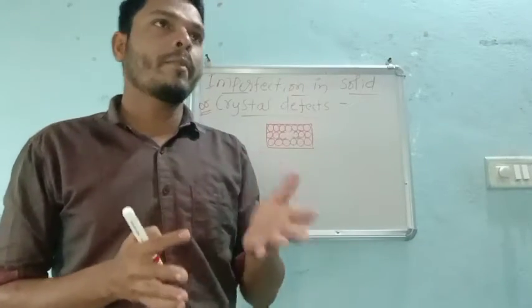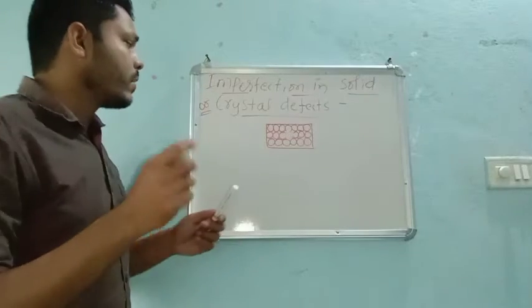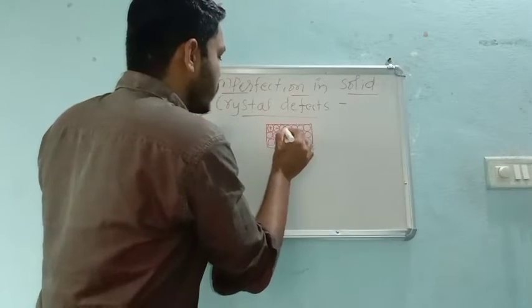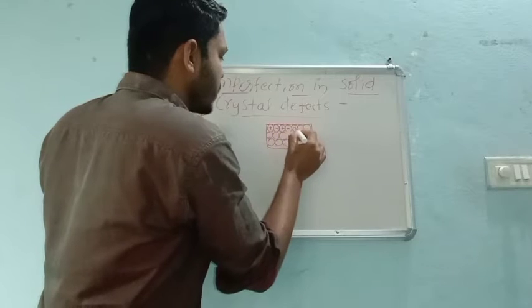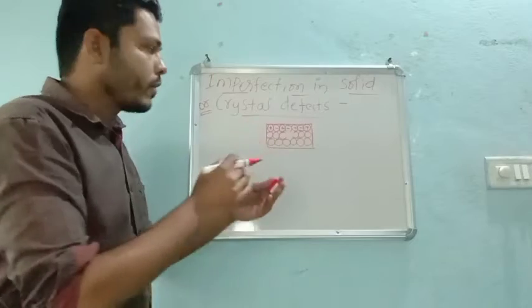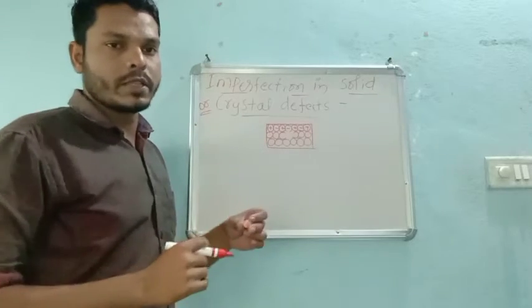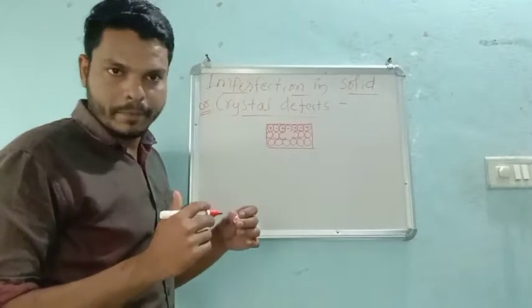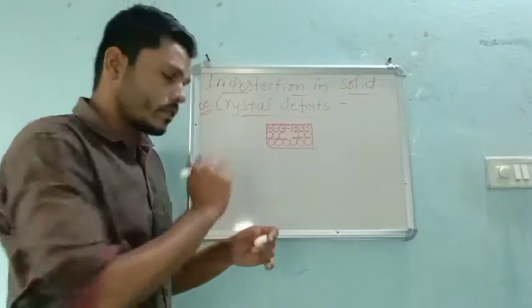Disturbed means there might be some departure. Any positive chemical species and negatively charged species will bind each other and form one solid, right? So this is the case.